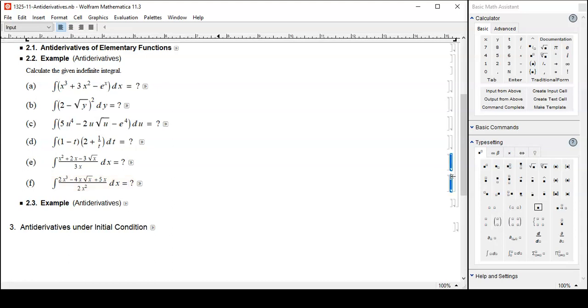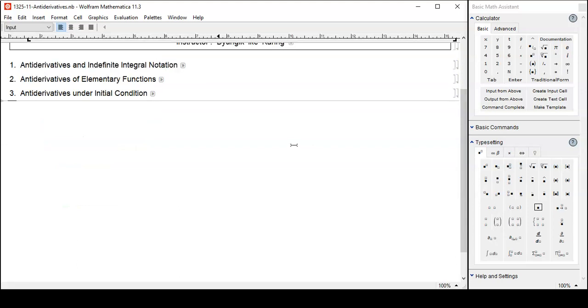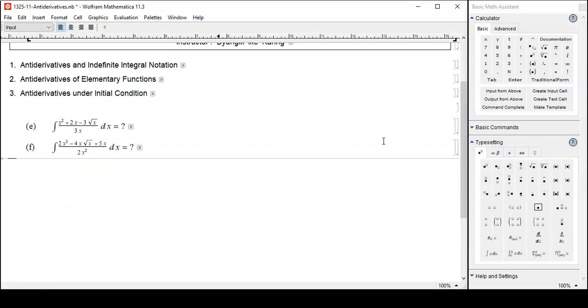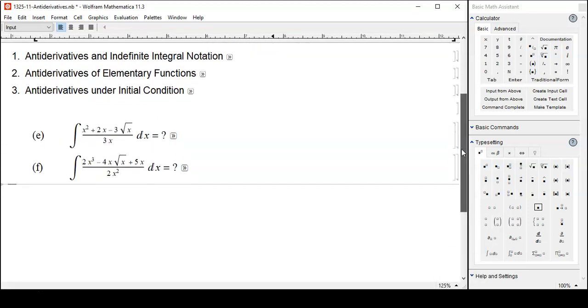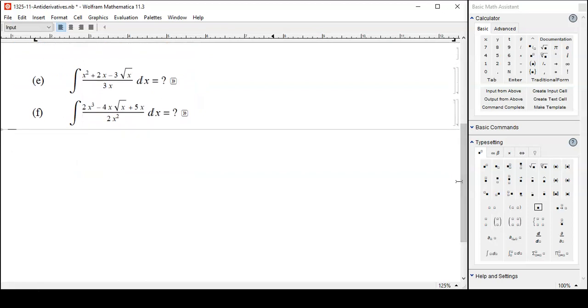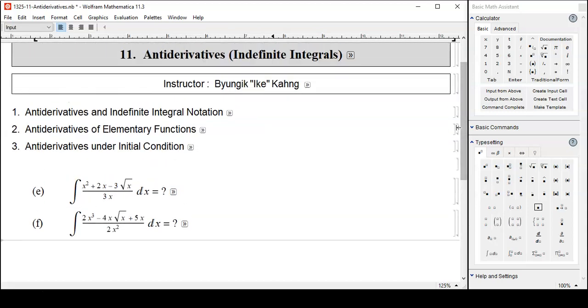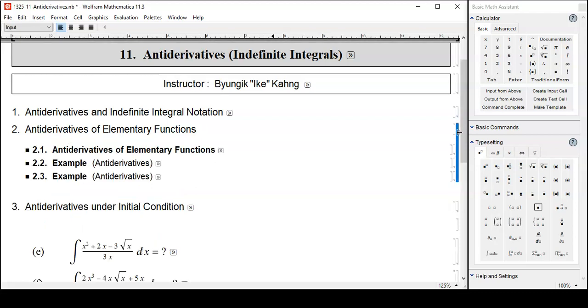Let me copy and paste these things. Okay, and then let's see, maybe some bigger font because we have some fractions here. Now in these kind of problems, I see sometimes this kind of answer.